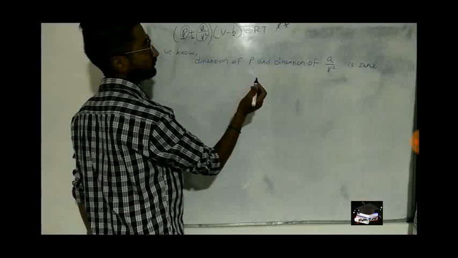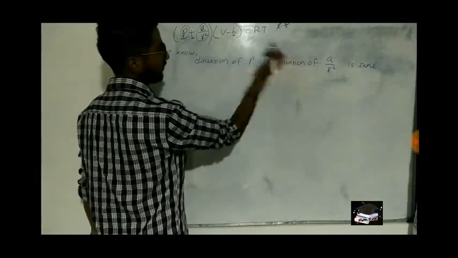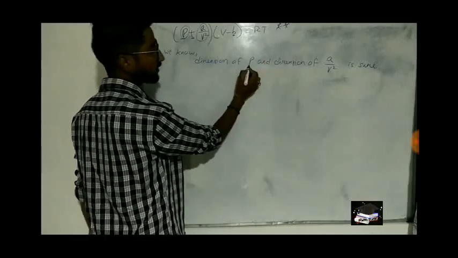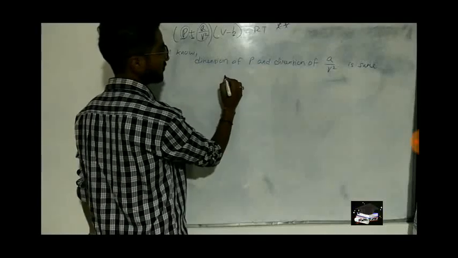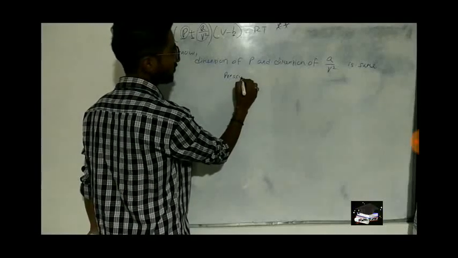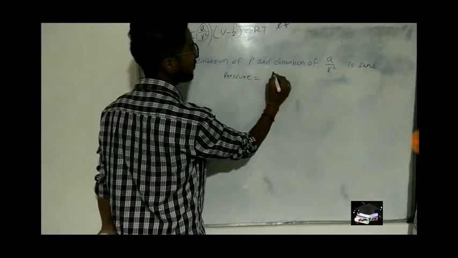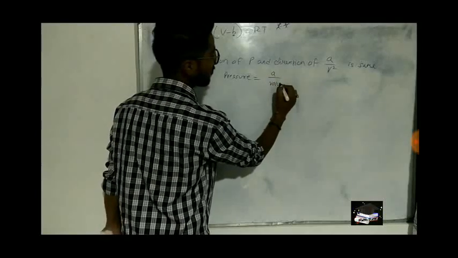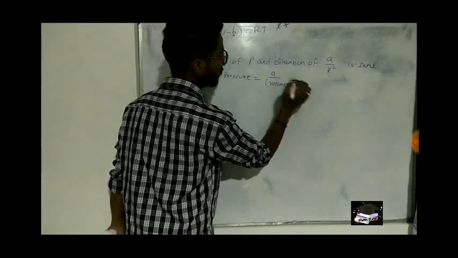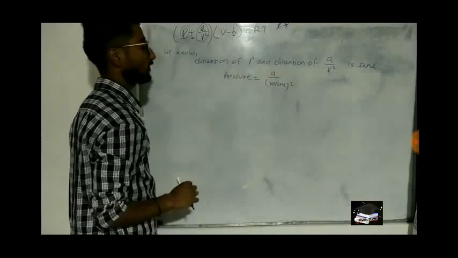So let's put in the dimensions. P is pressure and V is volume. So pressure equals A by volume square. We have to find the dimension of this A.